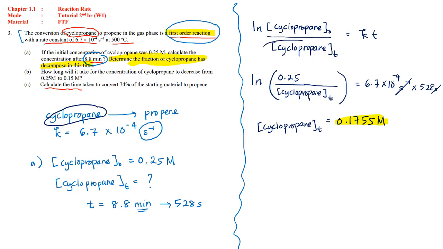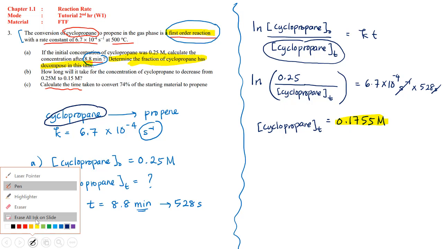Okey, sekali lagi saya nak ingatkan yang ini concentration at T time ni adalah yang wujud selepas 8.8 minit. Tapi dalam soalan A yang kedua ni, determine the fraction of cyclopropane has decomposed. Tentukan pecahan cyclopropane yang telah mengalami penguraian. So dia tak sama dengan yang wujud pada 8.8 minit.